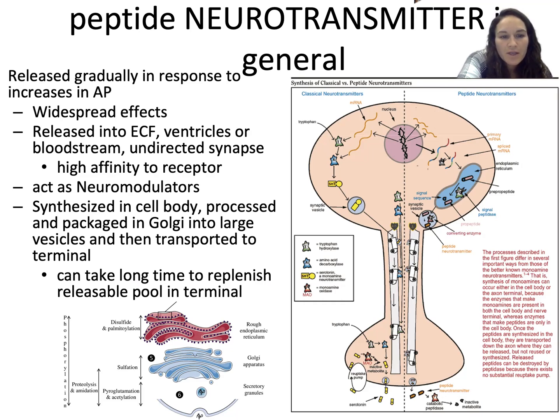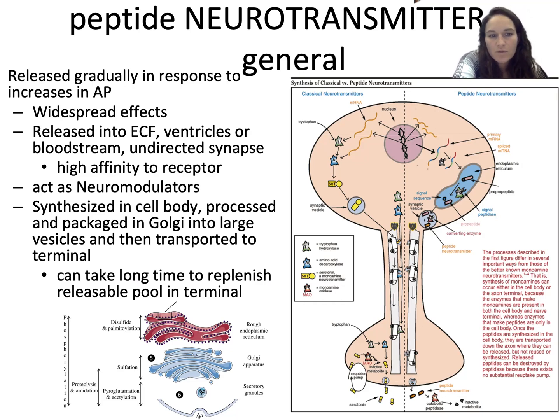But the cell isn't able to regenerate neuropeptides as quickly as it can recycle and regenerate classical neurotransmitters. So for us to get more neuropeptides available for release, the cell has to continually synthesize these neuropeptides at the level of the cell body, and we have to wait for them to make their way down to the axon terminal.